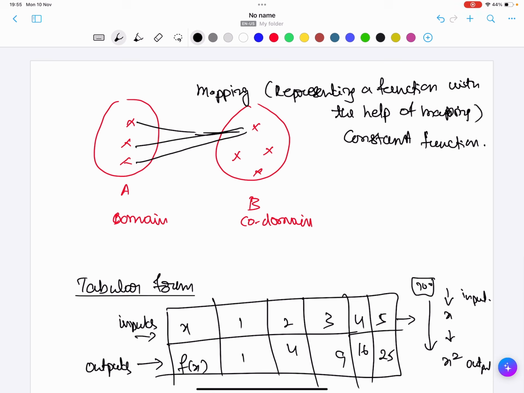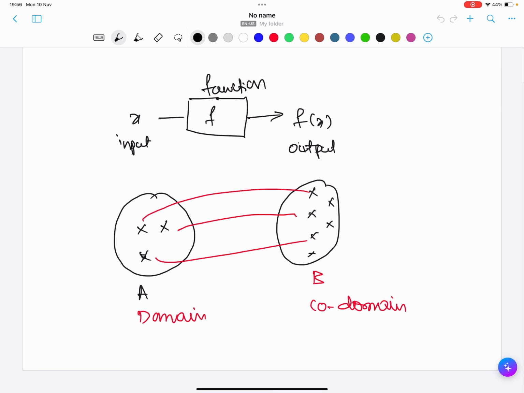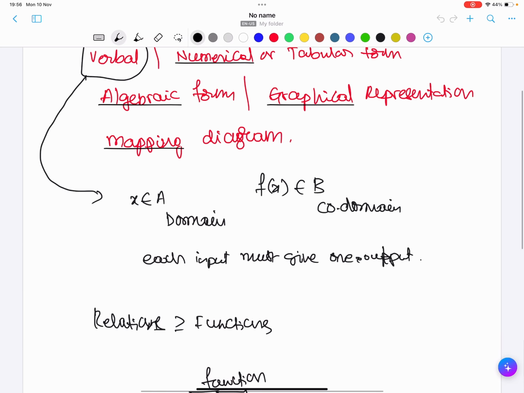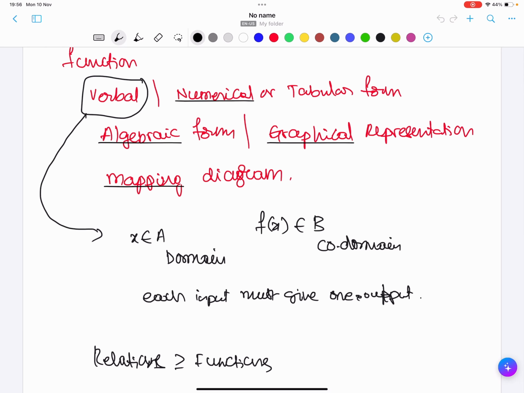This mapping is easy to understand. That is why we use it to visualize how a function can be defined, what the meaning of a function is. This is the easiest way to understand that. That is the reason we are using the domain and then the codomain, and showing the connections. And this I have defined verbally: for each input you are assigning a value. A function is like a machine, assigning a value in the form of an output.